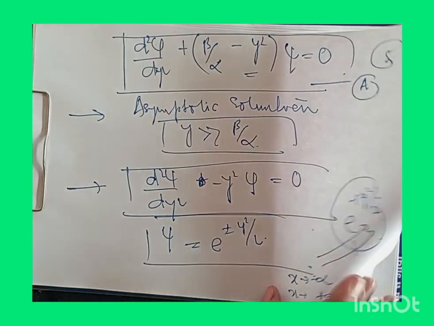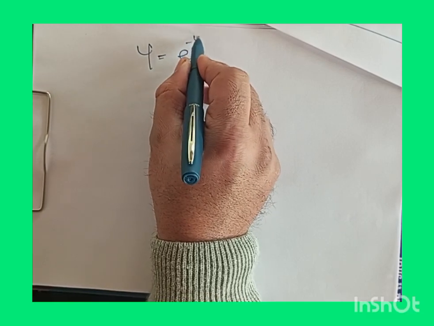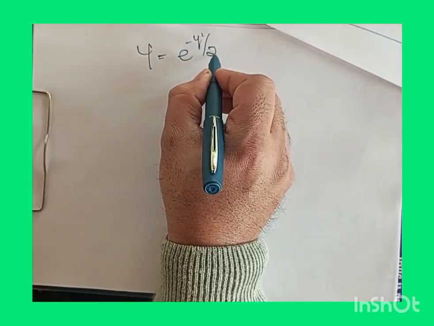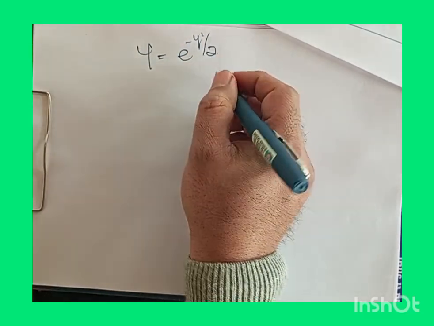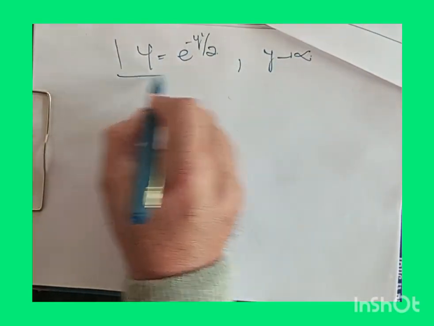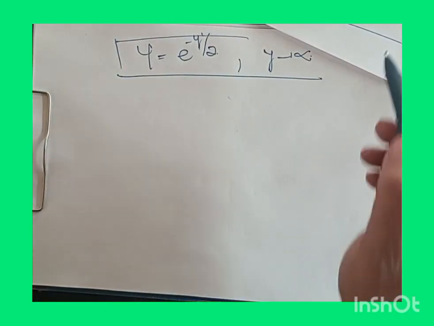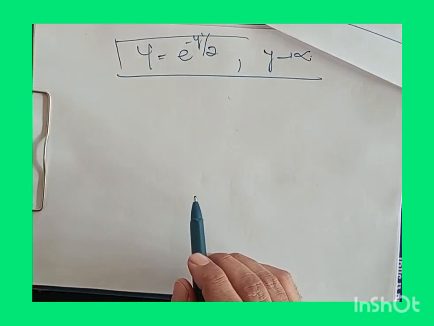So what should be taken as the acceptable solution here is psi equal to e to the power of minus y squared by 2 as y tends to infinity. This will be the only acceptable solution to the differential equation that we have.